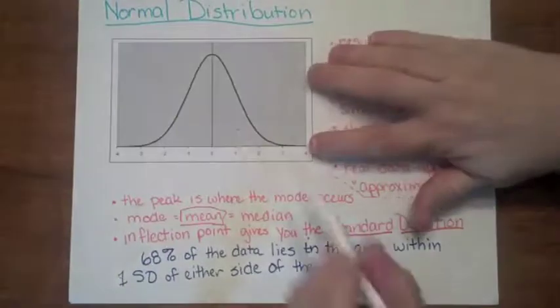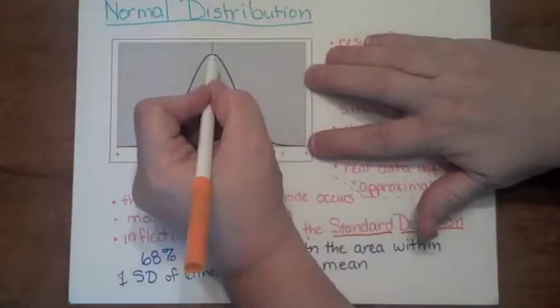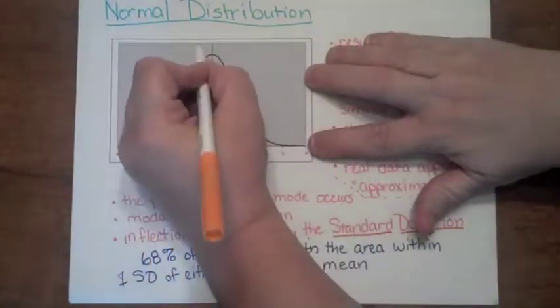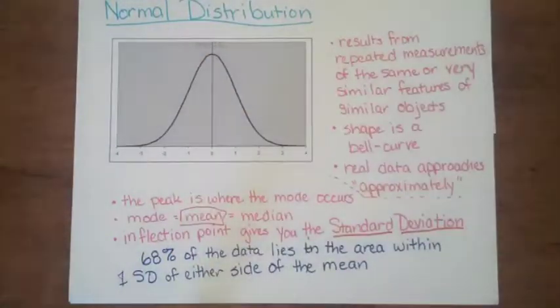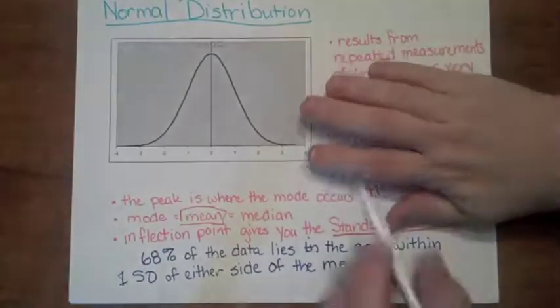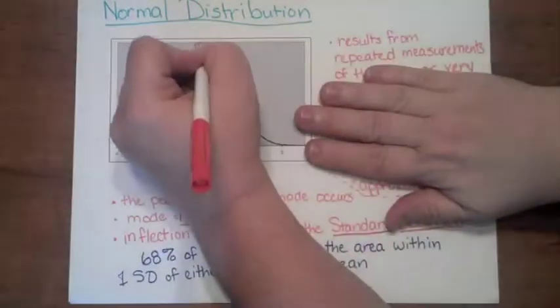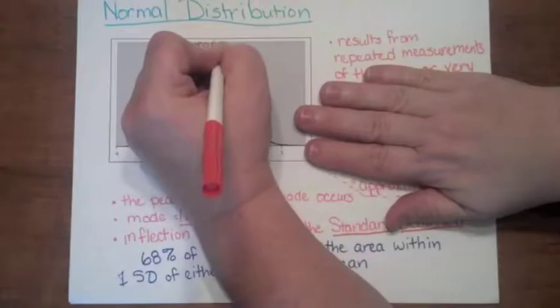So this line right here is the vertex, and that is the mode. Can't really see me write that one, so I'm going to write it in a different color as well. And the mode is also, if it's a perfect bell curve, the same as the mean.